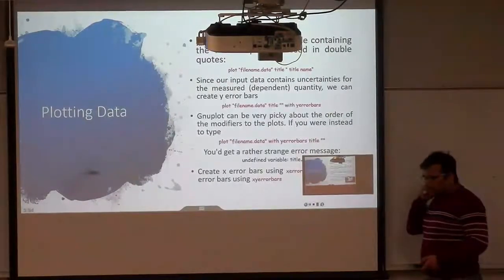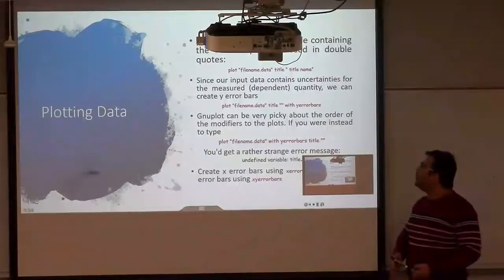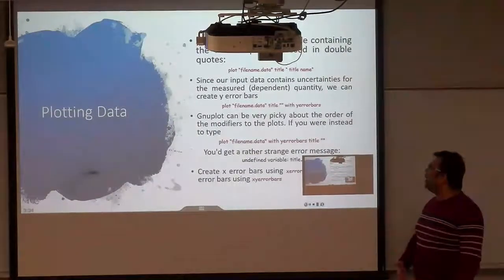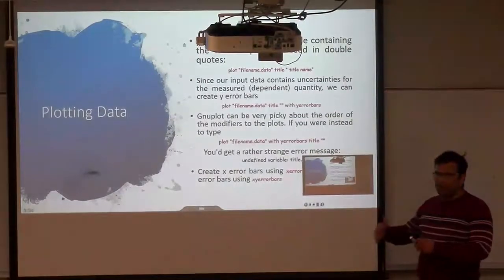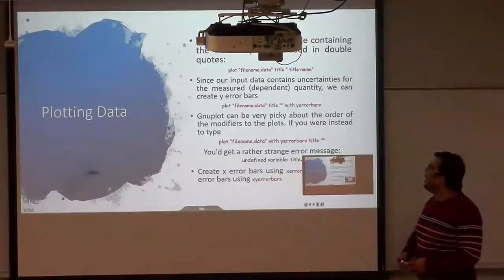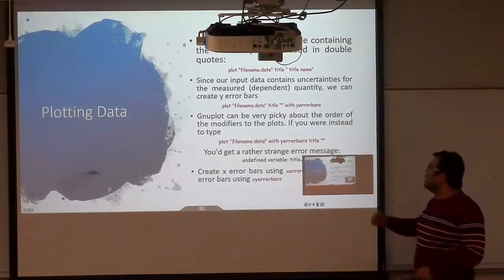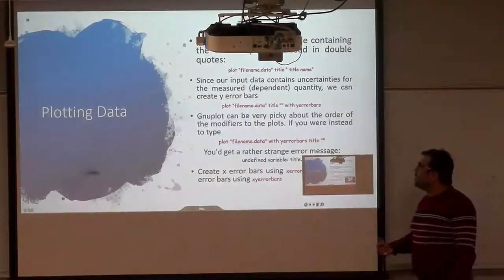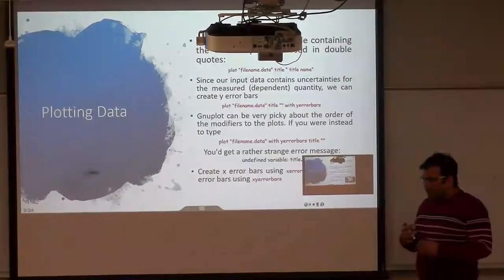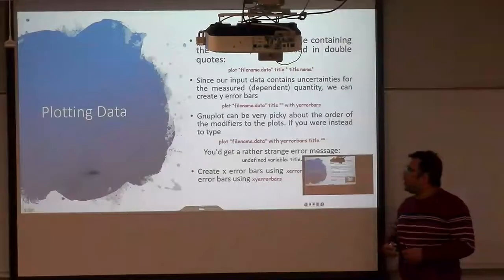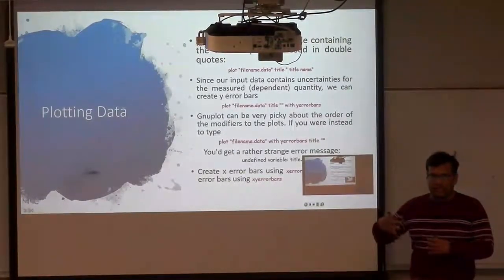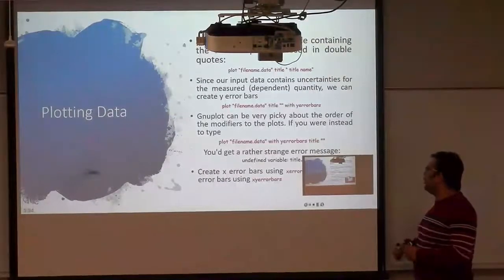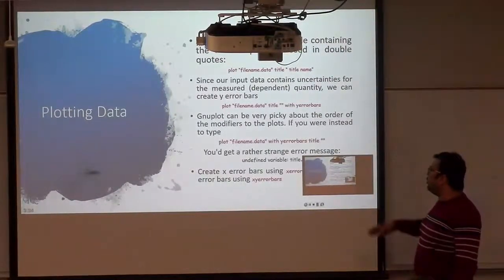How can you plot it? This one is pretty simple. You will just give a command like plot my file name dot data, or whatever dot txt, and you can set the title, like the title name you want to give. It is pretty common that we want to consider the uncertainties in the dependent variable, and we can set it with y error bars.